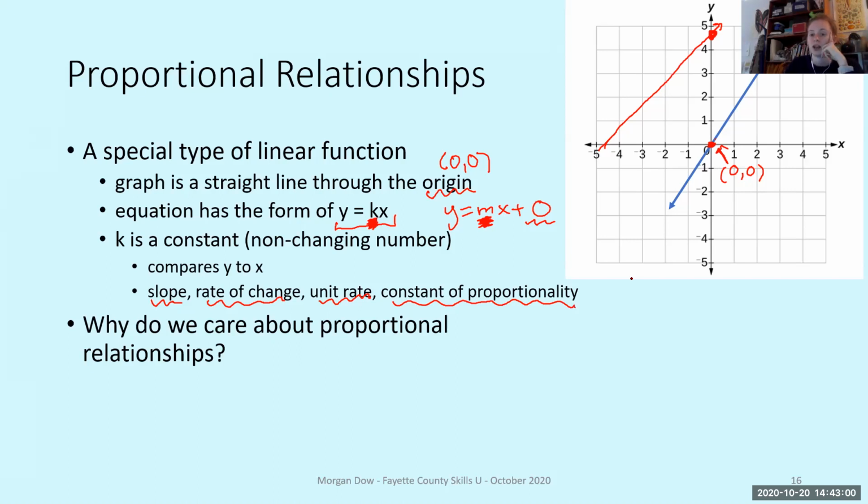Instead of worrying about change in y over change in x, you can do a little shortcut. You can just pick any xy pair on the line and do y over x. That will give you your slope or your constant.